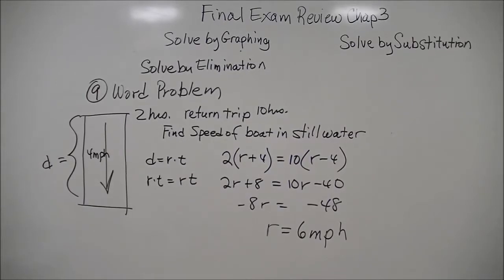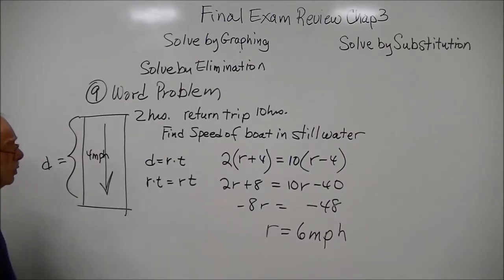In this next one, it's a word problem, and we did some word problems, and I did a whole video on solving word problems. So let's take a look at this one.